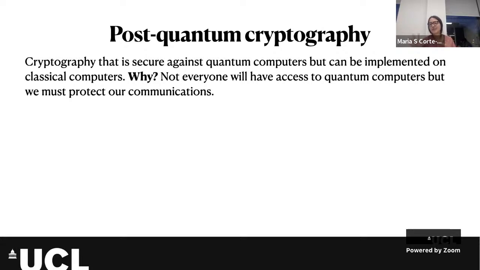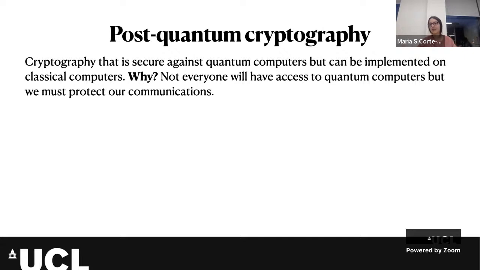There's sometimes a bit of confusion because there's also quantum cryptography, but quantum cryptography can only be implemented on quantum computers. And the reason why, in particular, I'm interested in this type of cryptography is because there will be an interim period where quantum computers are too expensive for most people to own.